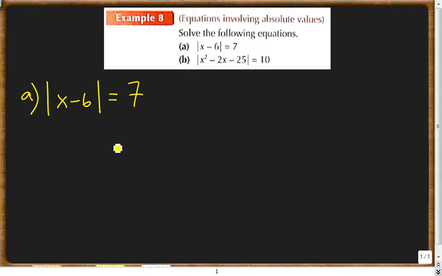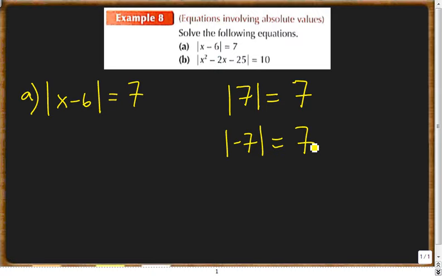If we look at the absolute value of this quantity equals 7, well, we know that the absolute value of 7 equals 7, but also the absolute value of negative 7 equals 7, because any absolute value has to be a positive answer, because we're looking at a magnitude without a direction.